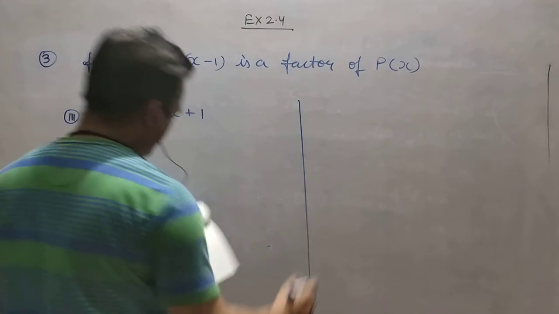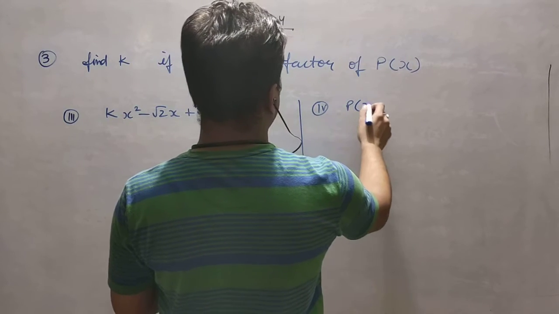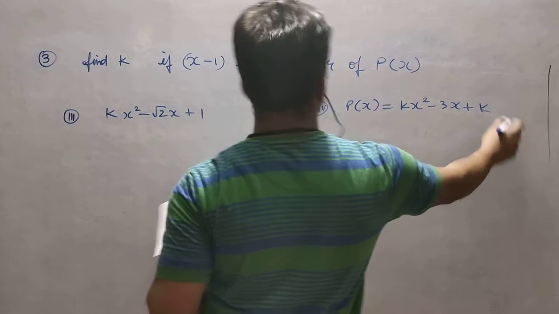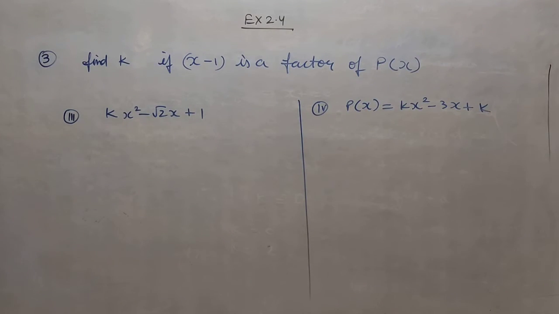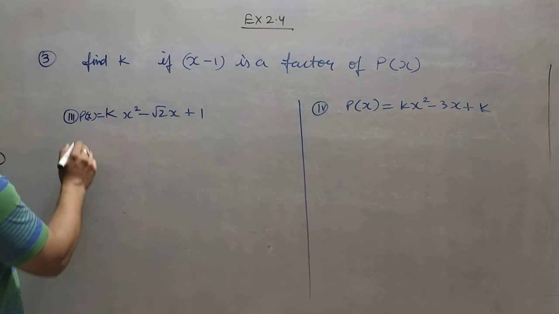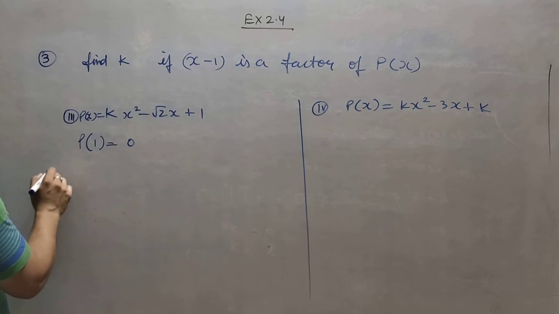Okay, we will do the fourth one also. p(x) is kx square minus 3x. The concept is the same. What value will we put here? It is again p(x), and we have to check at p equal to 1. So at p equal to 1 it will be 0.